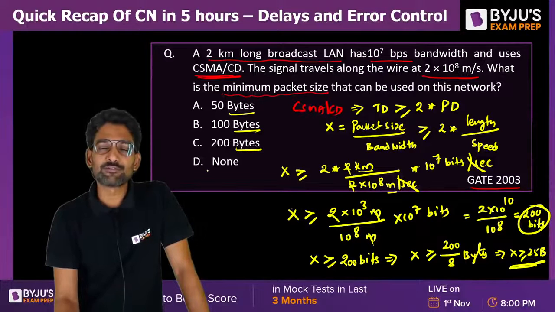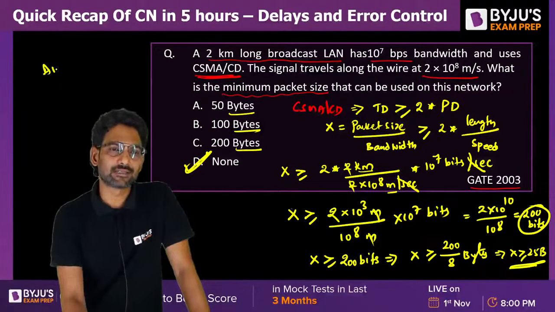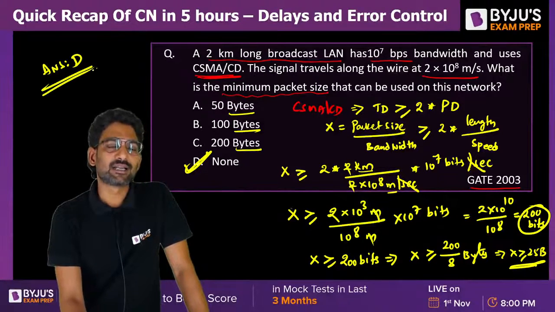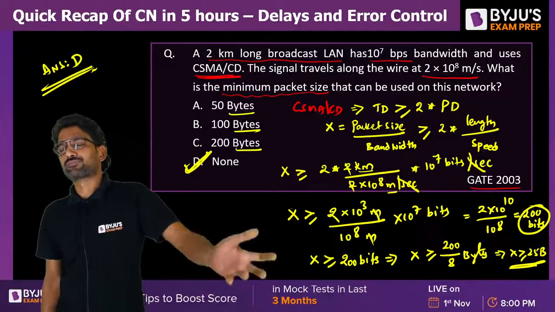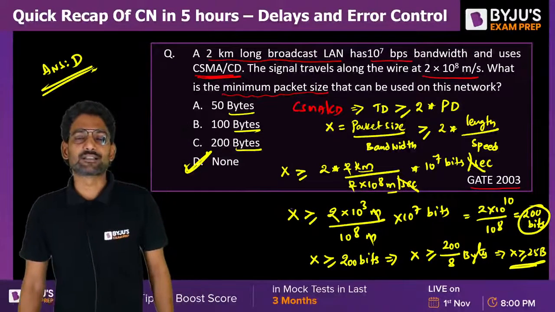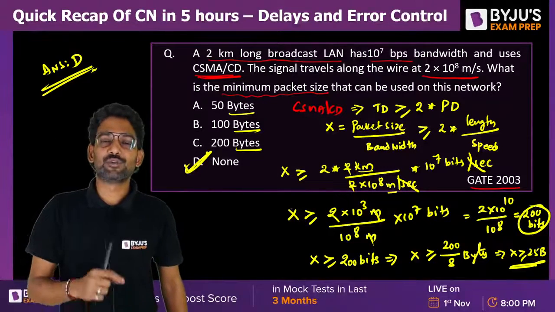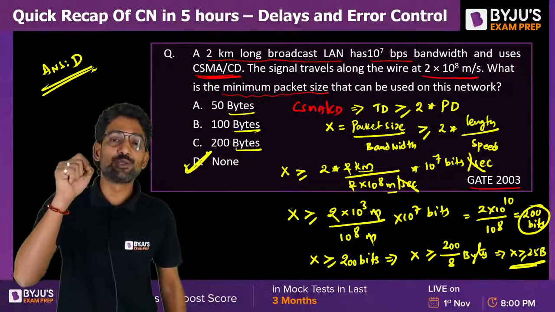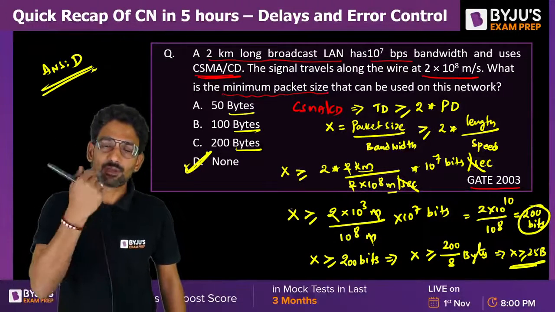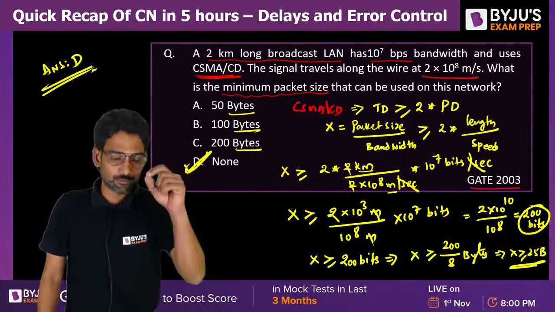Do we have 25 here? No. So the answer should be D, none. Don't think none can't be the answer. Of course, very rarely it would be, but none also can be the answer, dear friends. Just because you got 200, if you are not worried about the units, you will select C, isn't it? So you have to be very attentive.